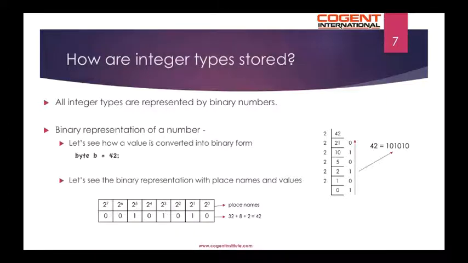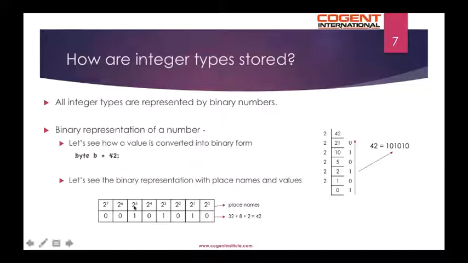If we put it in the place value chart with their corresponding place names, since it is a byte, it has 8 bits. So we start from 2 to the power of 0, 2 to the power of 1, and it goes on till 2 to the power of 7, and the bits are placed from right to left, where the rightmost bit is placed under 2 to the power of 0, and this continues till 2 to the power of 7.